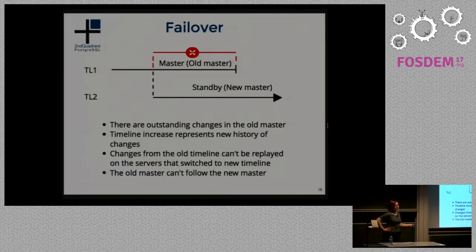The old master can't easily follow the new master, because there's no way to send these changes over. So what you need to do is promote, then do a base backup, and then continue. Because there are outstanding changes in the WAL, and this timeline change shows that there was a failure, so it can't be replayed.